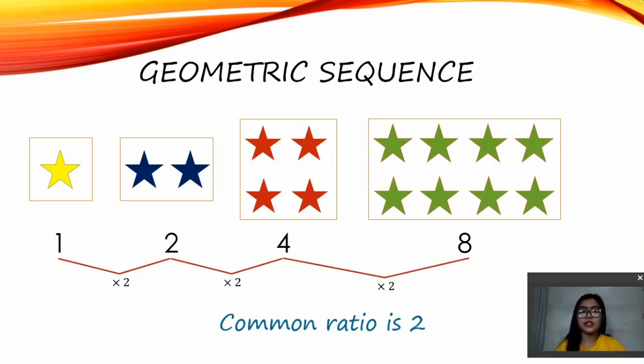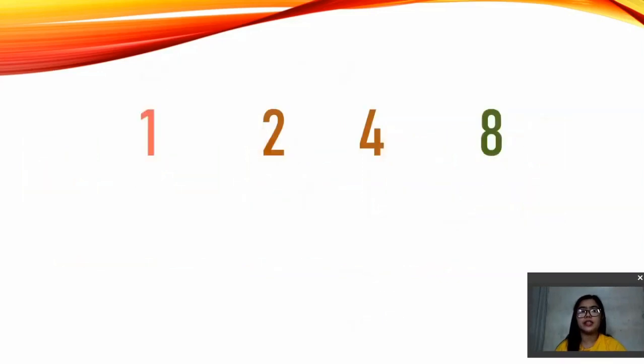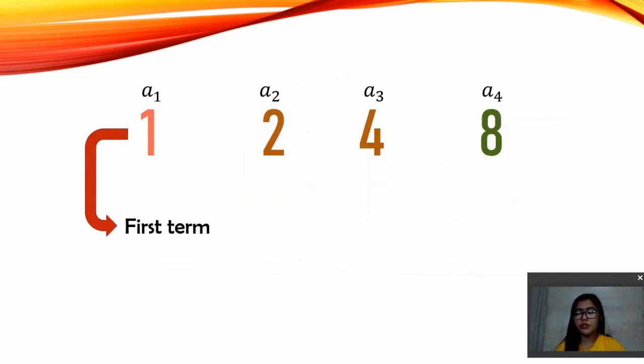So, from this illustration, let us get the geometric sequence formed. So, that is 1, 2, 4, and 8. So, these are a sub 1, a sub 2, a sub 3, and a sub 4. So, a sub 1, which is 1, is the first term. And then, a sub 4, which is 8, is the last term.